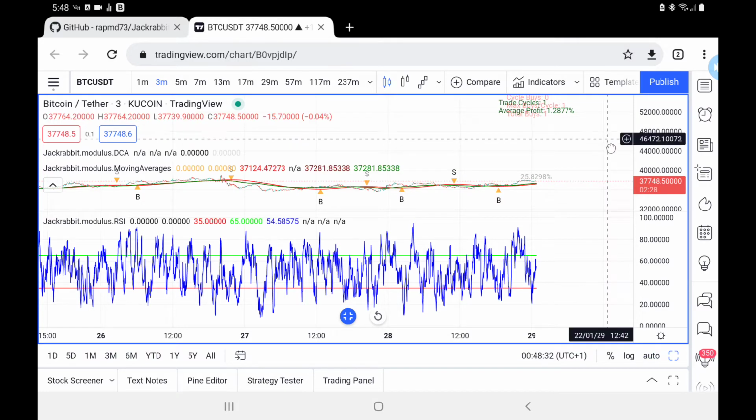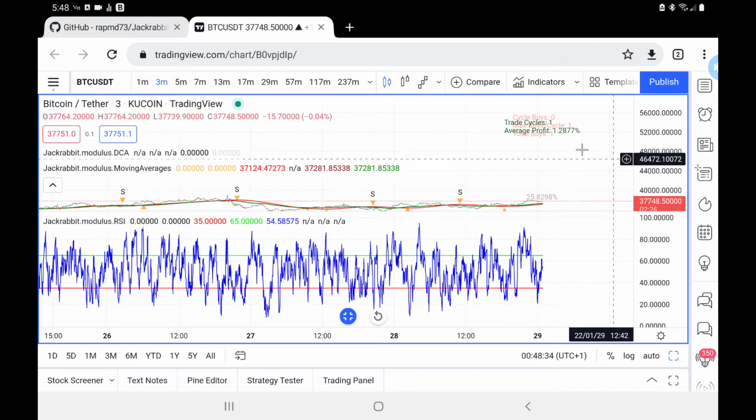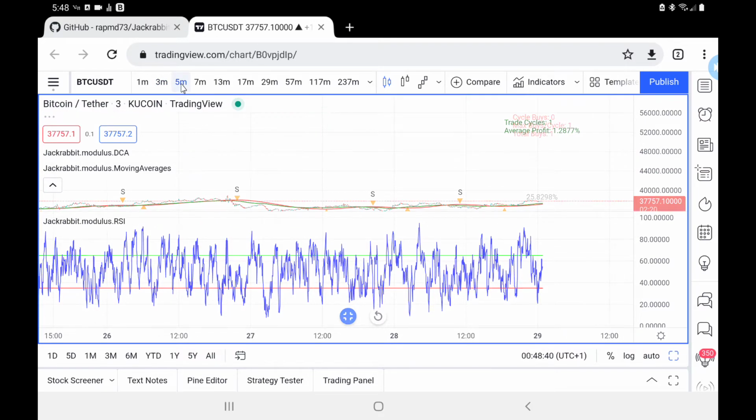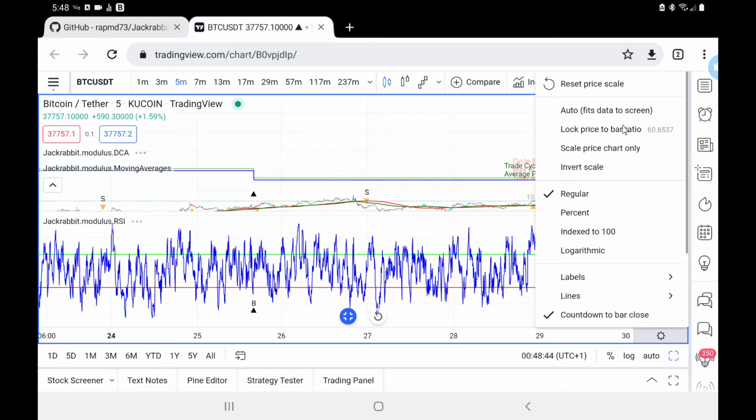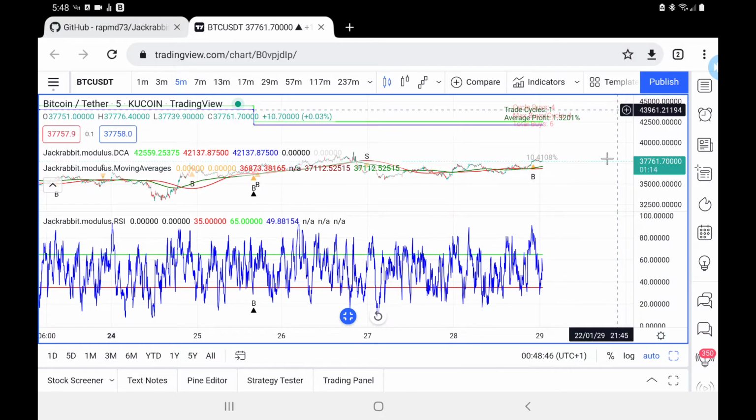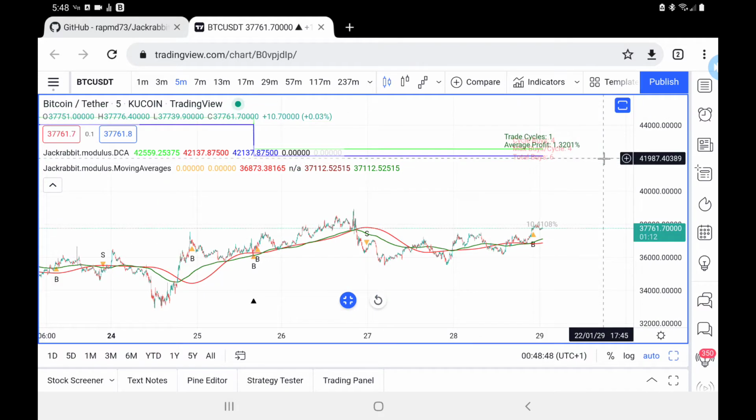Okay, let's bring this down. One position here on the 3 minute. Let's recenter this. Okay, this one is 4 positions on the 5 minute. That's still well within acceptable tolerances.